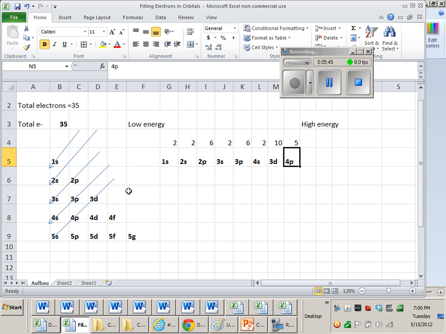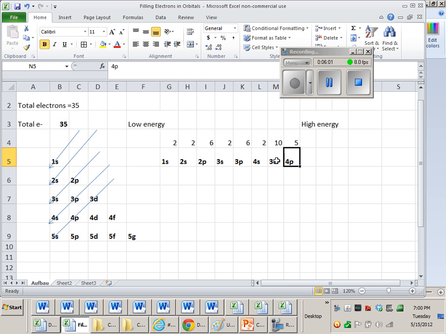So these diagonal lines tell you what the order is that you're going to be filling them up. But when you're reporting them back, to be the most proper, I think you go by principal quantum number first. So that's how you would organize them. If I wanted to be proper, I would actually invert this.